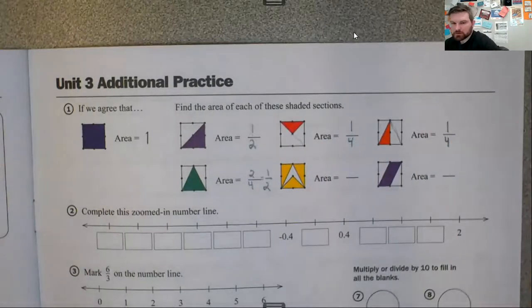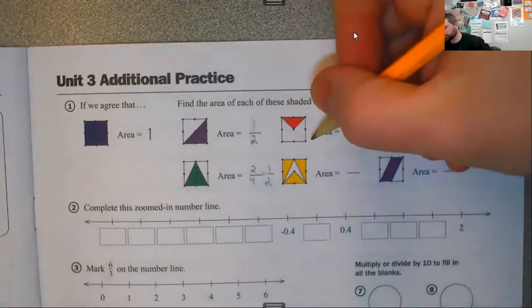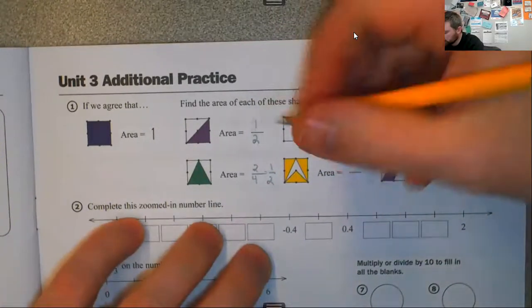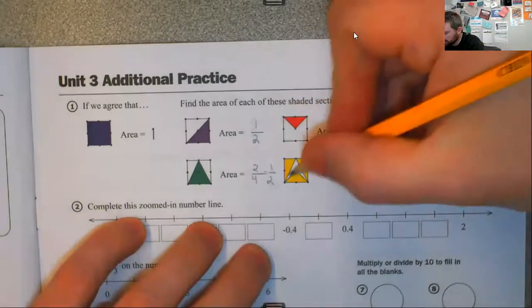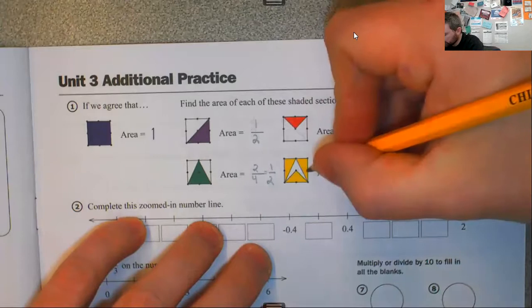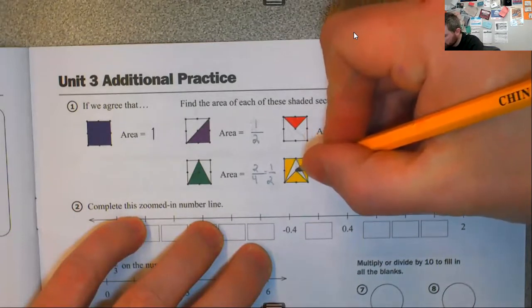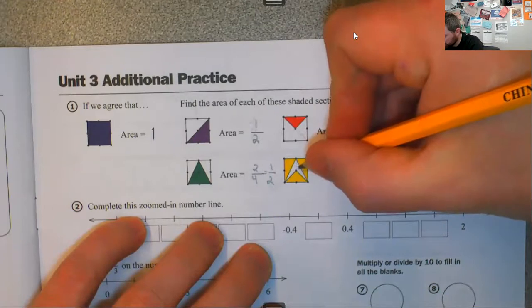Now, this one is a little bit more difficult with this shape. What you're going to need to do is see about rearranging some of these parts. If I cut this right here and take this piece and move it up here, it will complete this square.